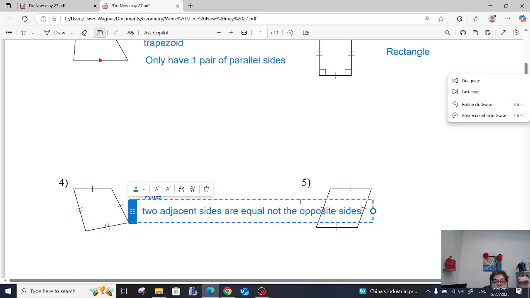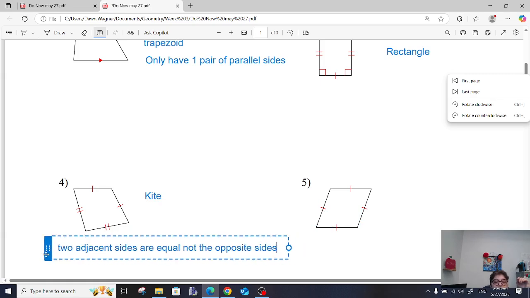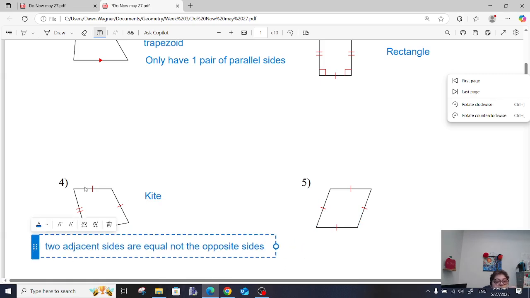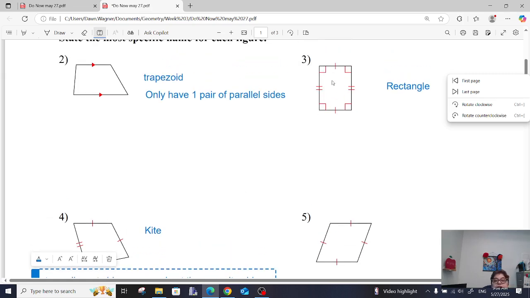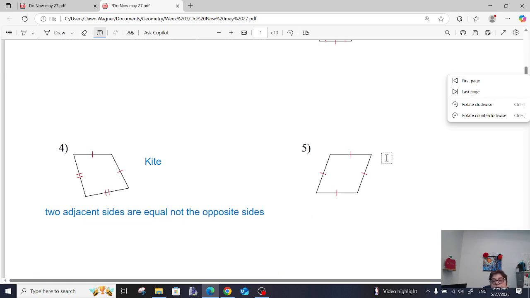Okay, that's why this is a kite, because the ones that are next to each other are equal, not the opposite. See here, in a rectangle, the opposite sides are equal. That's the difference with a kite. And then of course this is a rhombus.